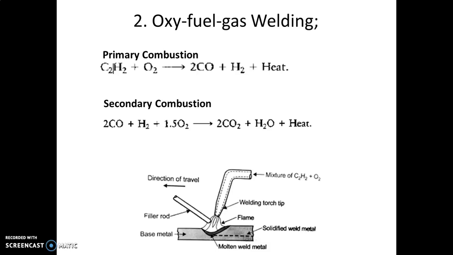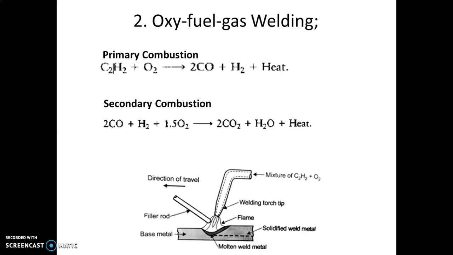After that, secondary combustion takes place, in which the products of primary combustion, carbon monoxide and hydrogen gases, react in the presence of oxygen and give carbon dioxide and water vapors, and it also develops heat. This heat is 2/3 of the total heat developed during the process, which is sufficient to melt the weld zone.